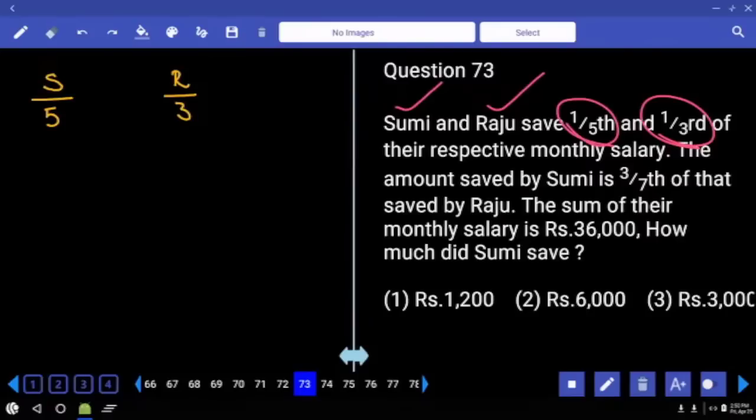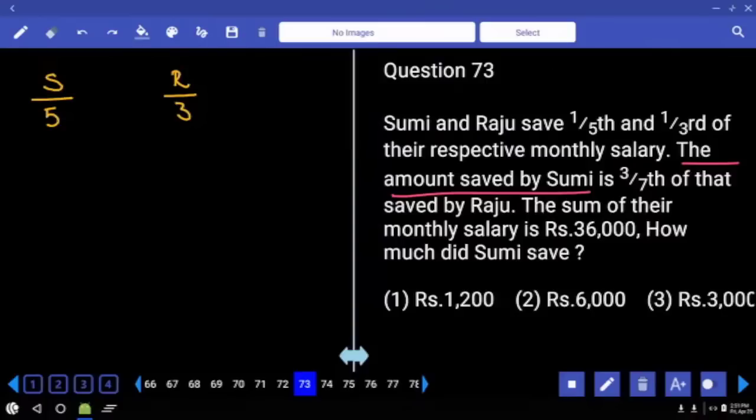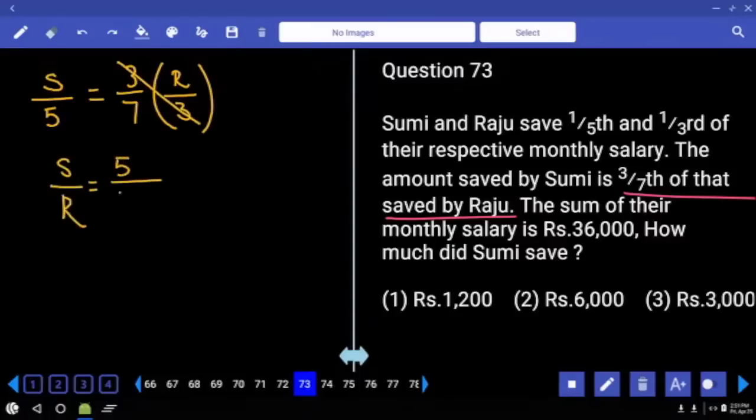S by 5 and R by 3 are their savings. The amount saved by Sumi, S by 5, is equal to 3/7 of that saved by Raju. Raju's savings is R by 3 and it is 3 by 7. 3 gets cancelled. S by R is equal to 5 by 7.